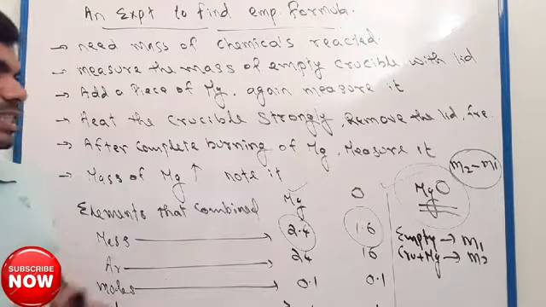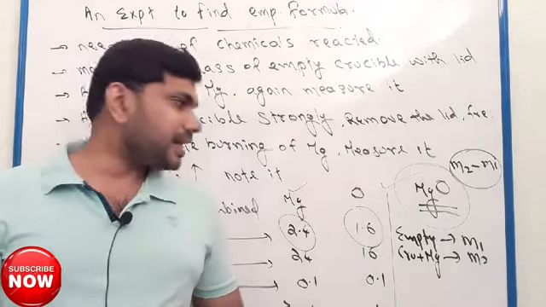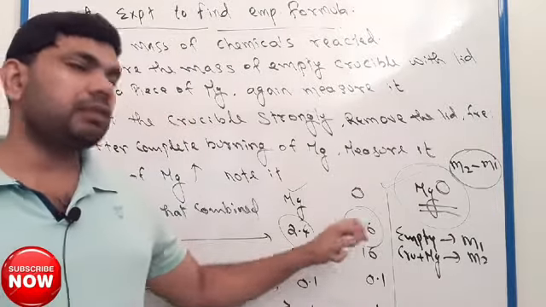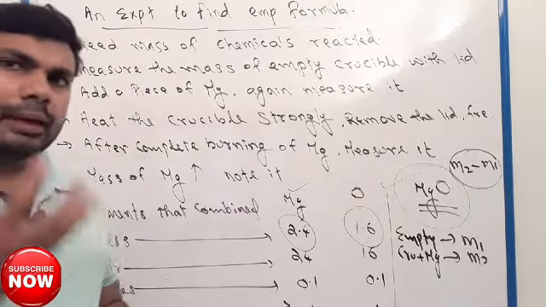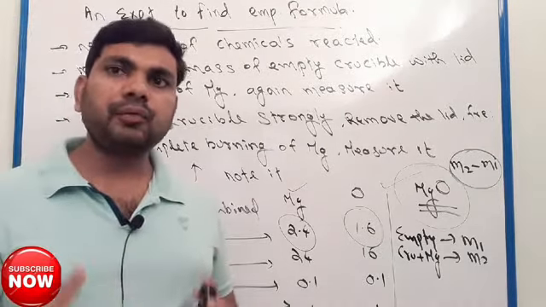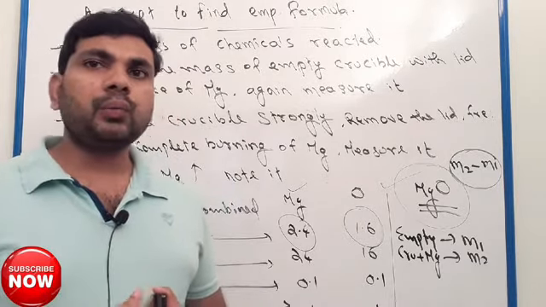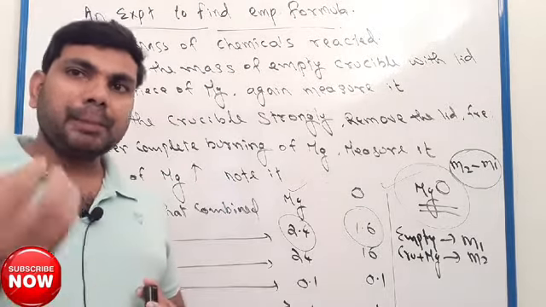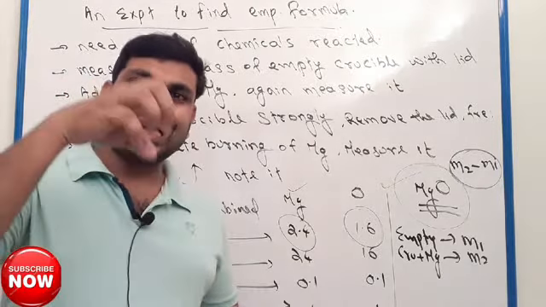Clear? Now we have the mass of magnesium. Next we need the mass of oxygen reacted. We heat the crucible with magnesium very strongly, closed with a lid.